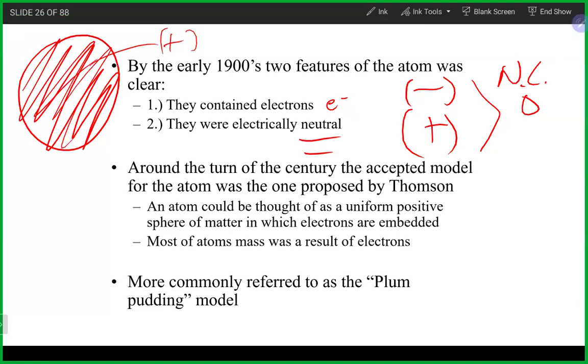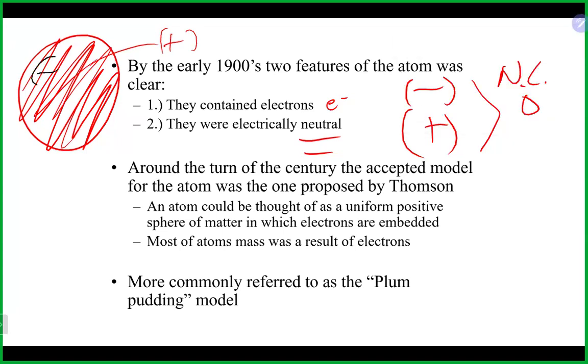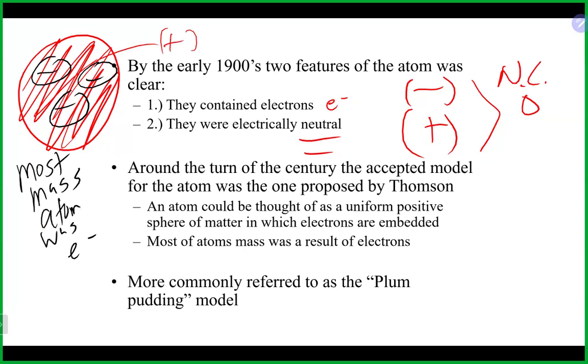Within this sphere, there are negatively charged electrons embedded inside, and he felt that most of the mass of the atom was the electrons. Plum pudding is a dessert with raisins dropped in there. The pudding is like the positive charge spread out all over, and the raisins are like the electrons embedded inside the atom.